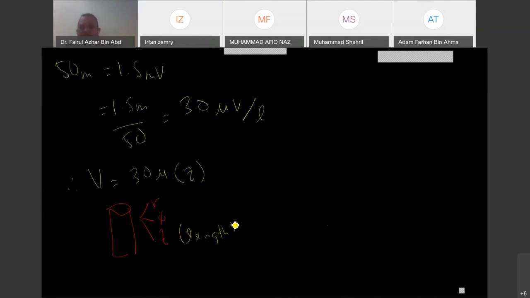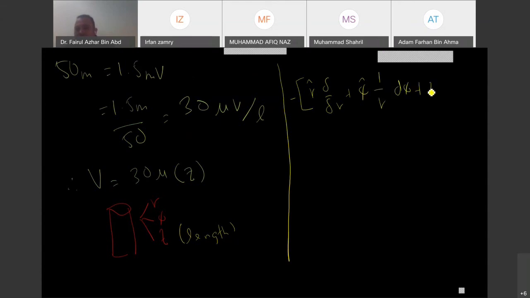So if we put it back into our expression, we will have minus r cap d/dr, plus phi cap 1 over r d/d phi, plus z cap d/dz, applied to 30 micro z.